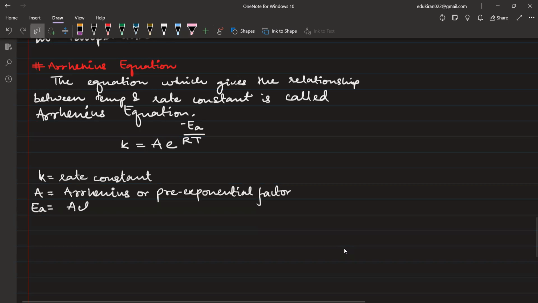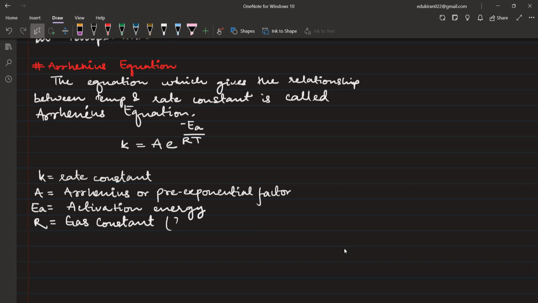EA is the activation energy. R is your gas constant, and in this case, we are going to take it as 8.314 kilojoule per Kelvin per mole. Then T is temperature, and we will take this in Kelvin. And e is a constant whose value is equal to 2.718.